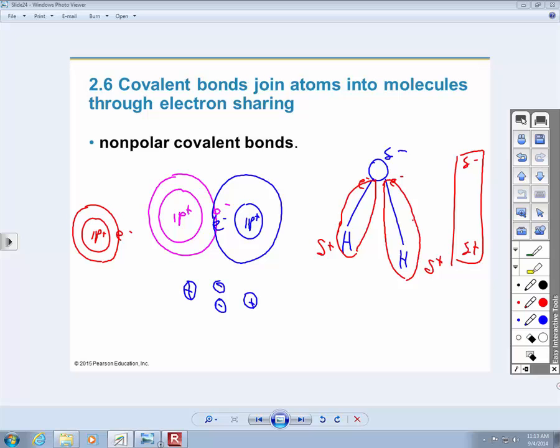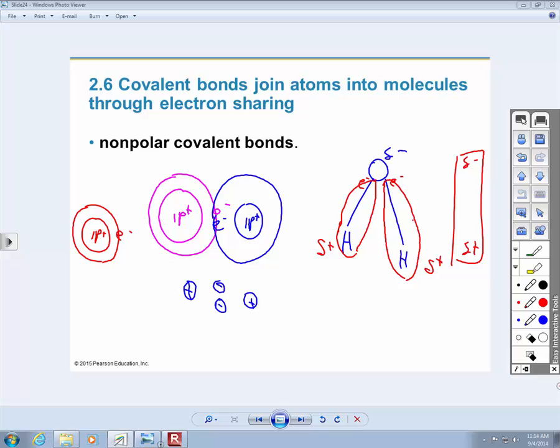Very important, because eventually we get to the point where we have molecules interacting with molecules. Well, then you have to understand which part of the molecule is going to be polar, does it have any polarity, or is it completely nonpolar? You know, like the hydrogen sharing the electrons with another hydrogen.